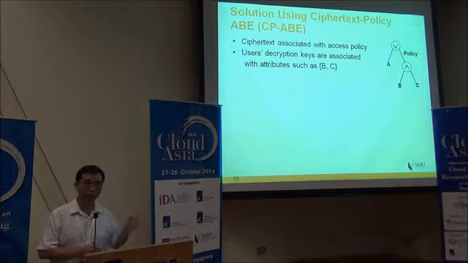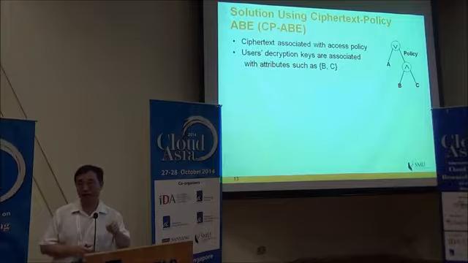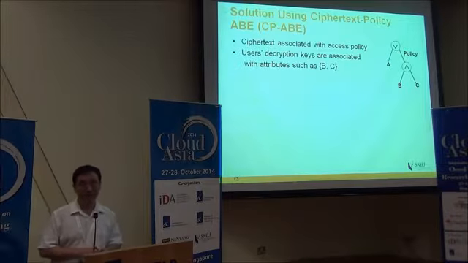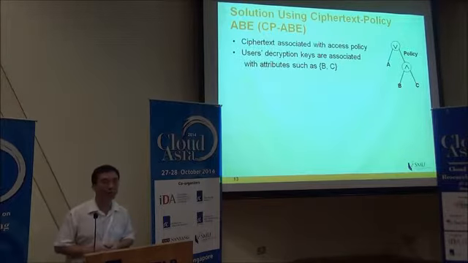For example, attribute-based encryption has been used in the Johns Hopkins Hospital experimental system to protect patients' electronic records on the cloud, so that doctors or medical researchers can access data based on certain security policies.